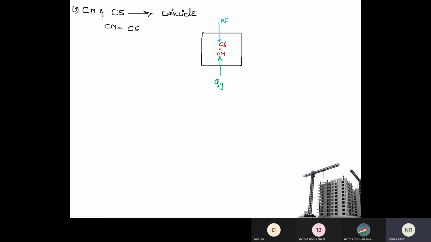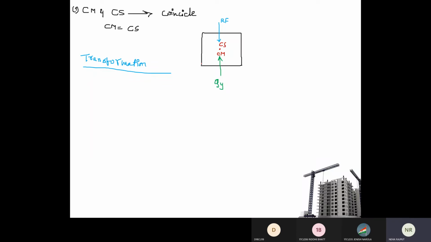Now what will happen? Due to this, on one side the inertia force is pushing, and on the other side the resisting force is opposing it. So the deflection is taking place in terms of translation only. Only this translation is taking place. Translation kind of deflection is taking place.